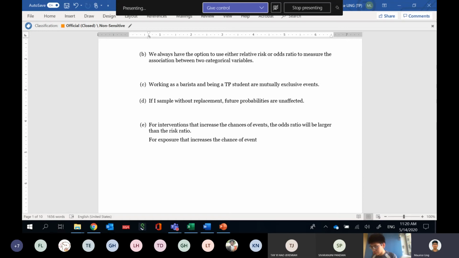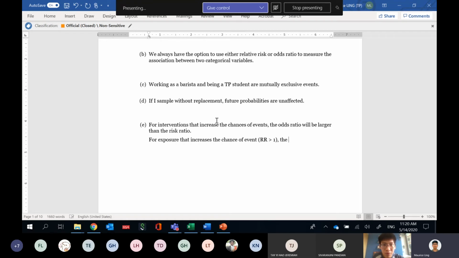So for an exposure that increases the chance of event, it means your relative risk is more than 1, correct? Yeah. So the question asks whether the odds ratio will be larger.